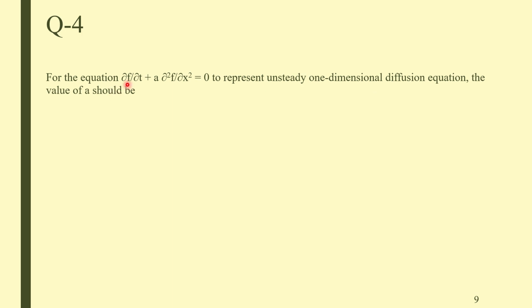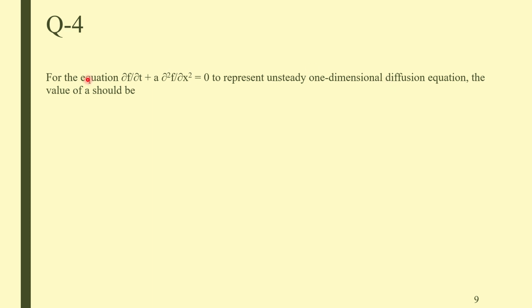Instead of giving A as positive and getting the proper equation, we are given the equation, and we need to find the value of A so that it can represent a one-dimensional diffusion equation.